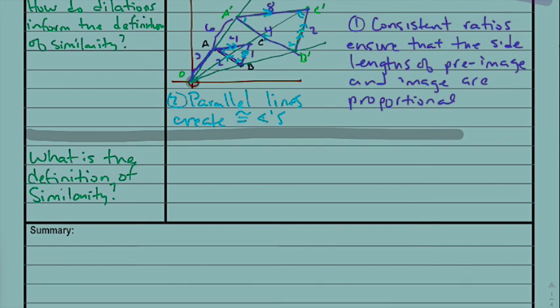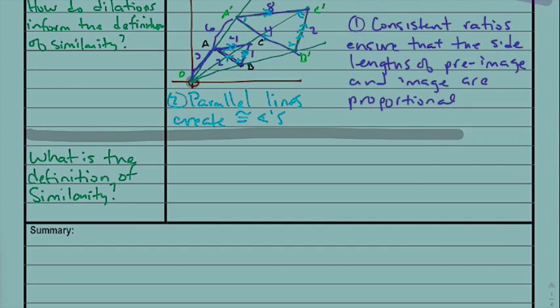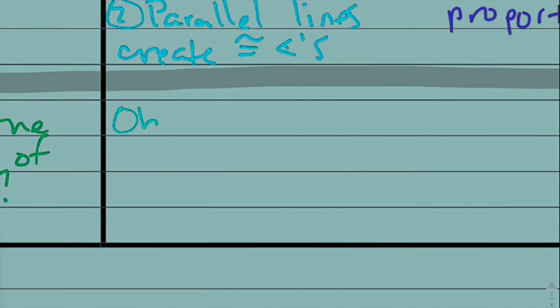And really this turns out to be the biggest question. But since dilations are a form of similarity, and we just did a good job in the previous question vetting it out, we actually have a nice two-part definition for similarity. So, objects are similar if and only if two things are true.